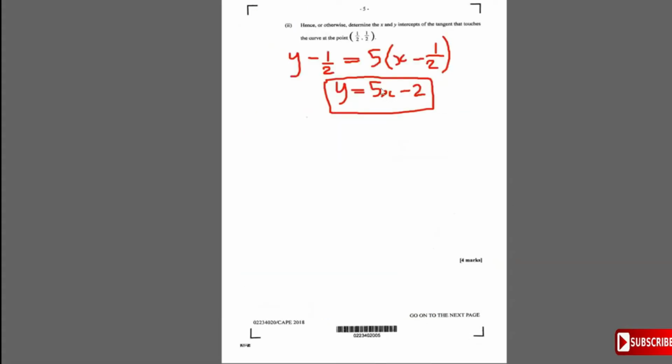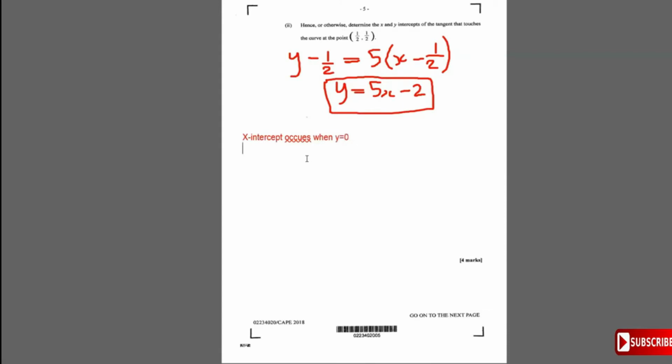So now we know that the x-intercept occurs when y is 0. So if you set y to be 0, you get the x-intercept. Let's write it down. The x-intercept occurs when y equals 0.